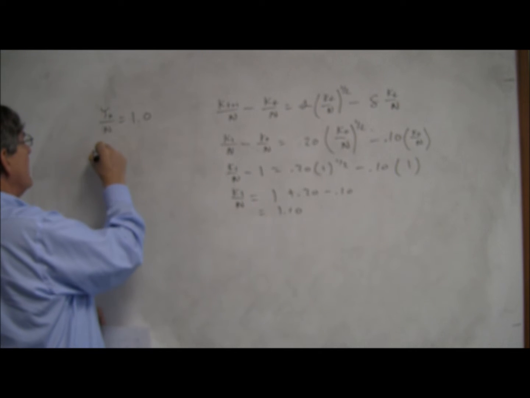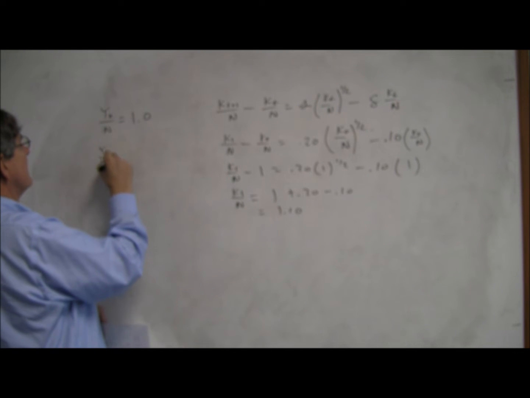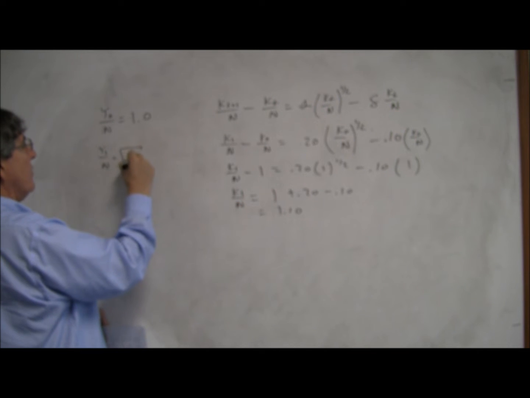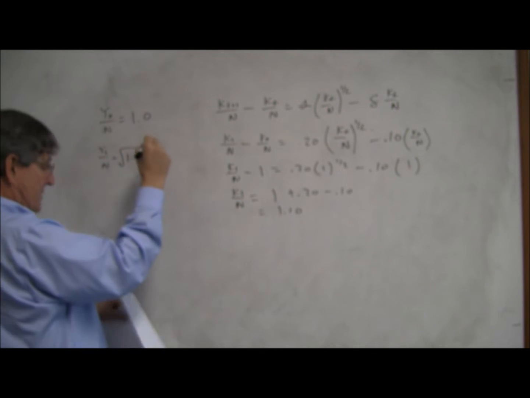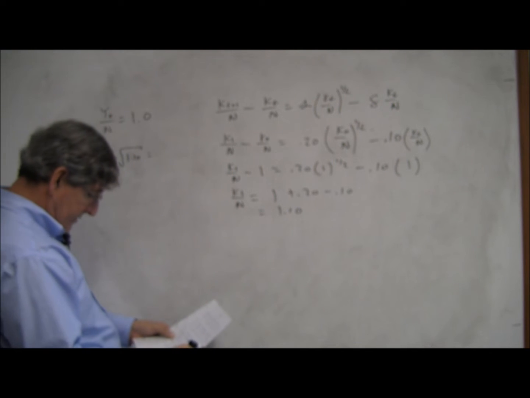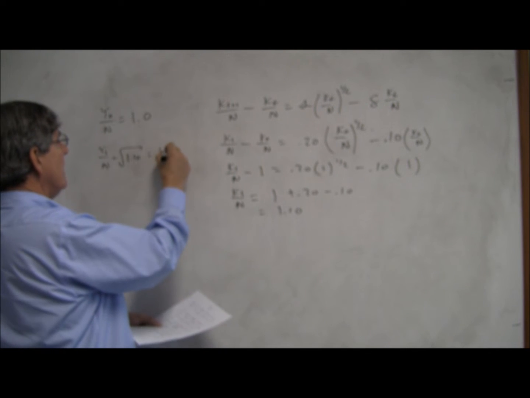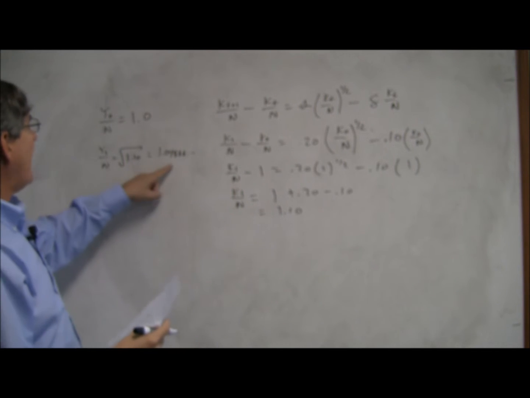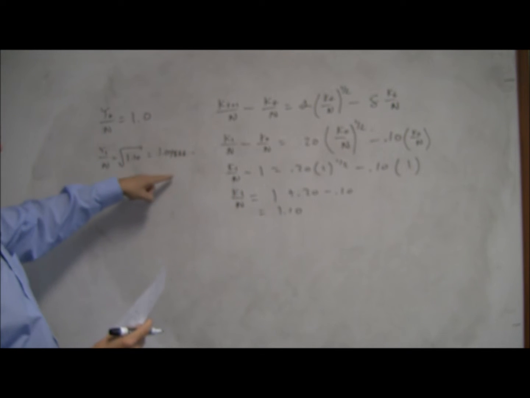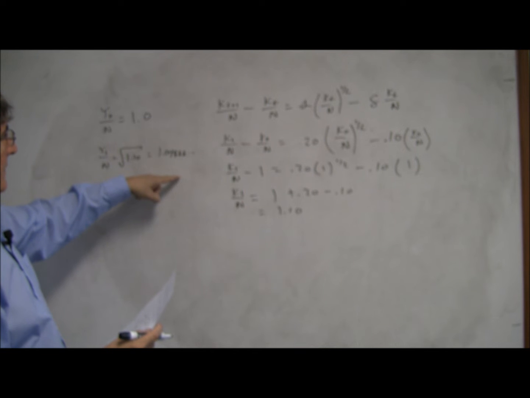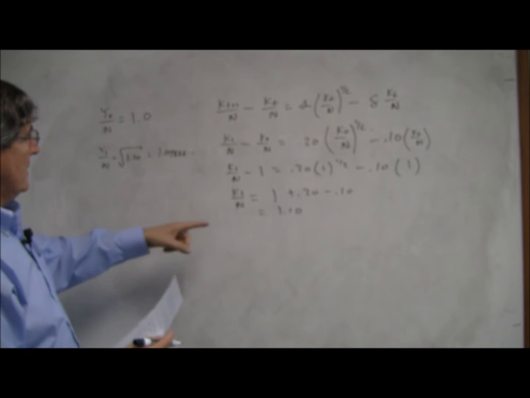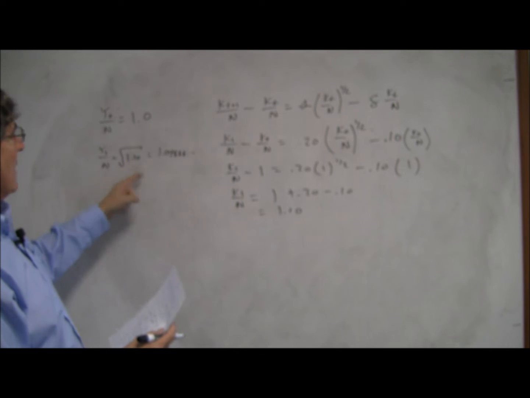So y1 over n will be that to the 1/2 power of 1.10, which is 1.04888, and so on. It's about a 5% growth rate in the very first period. So we found k1 over n.